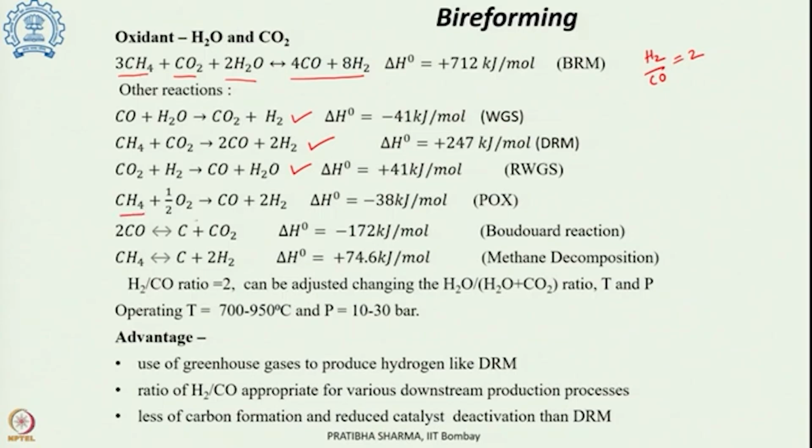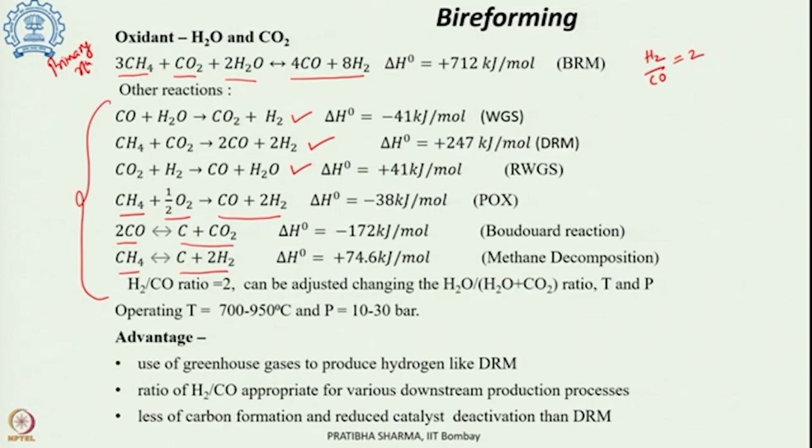Methane can react with a substoichiometric amount of oxygen to undergo partial oxidation producing syngas. Carbon monoxide disproportionation can occur, that can lead to carbon formation. Methane can decompose to give carbon and hydrogen. So other than the primary reaction that we have seen, there can be several other possible reactions during the bi-reforming of methane.